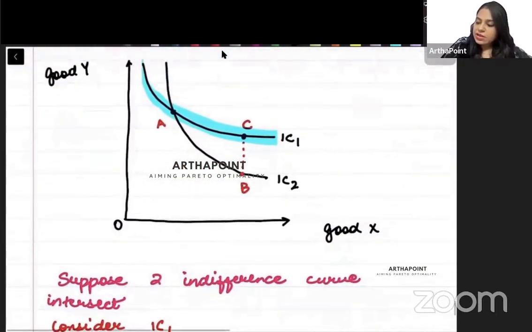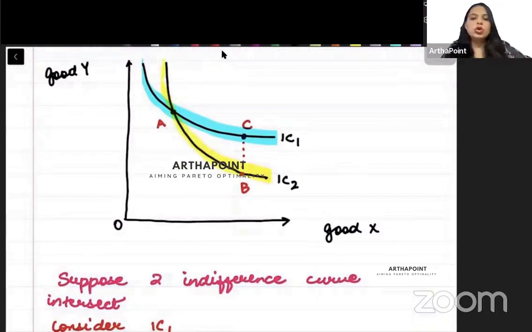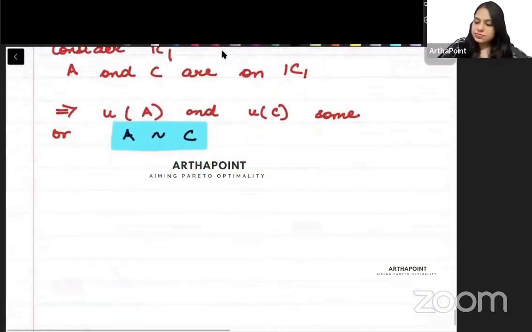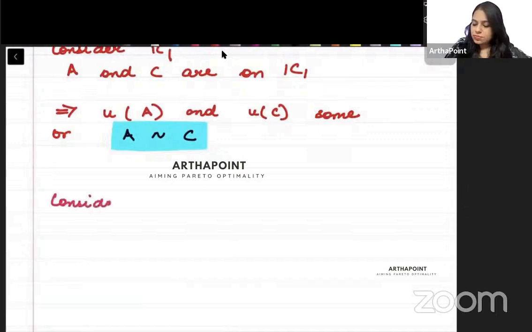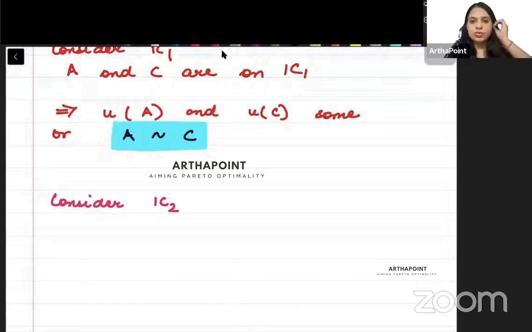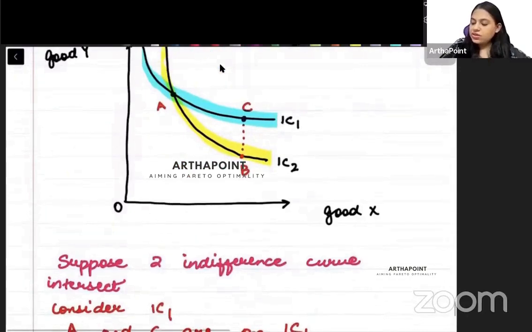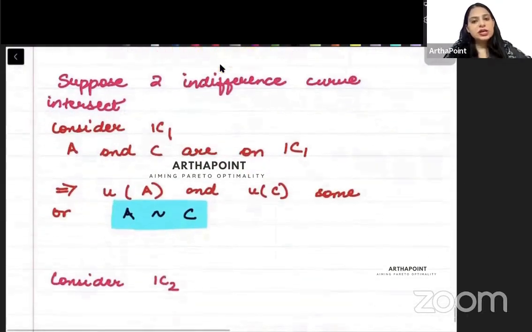Now we can consider another indifference curve. So now I will consider indifference curve 2. IC2 we are considering. Now what happens with IC2, beta? Note that points A and B are on indifference curve 2.